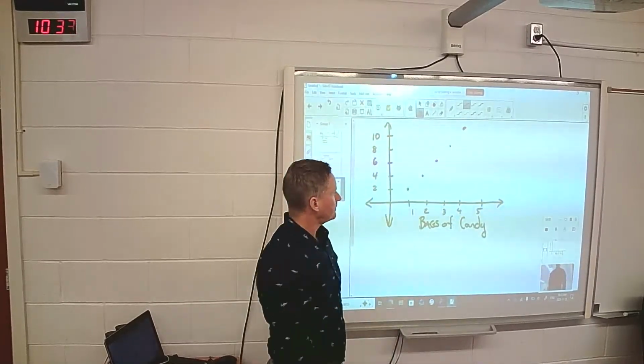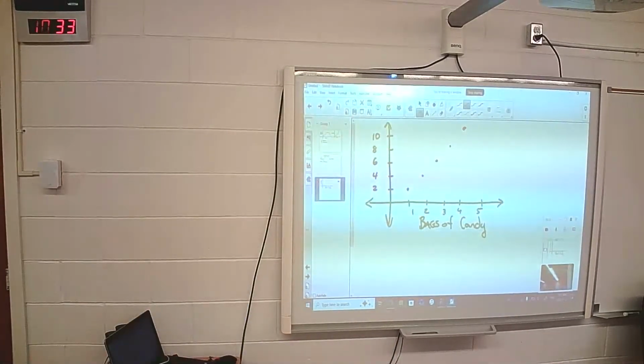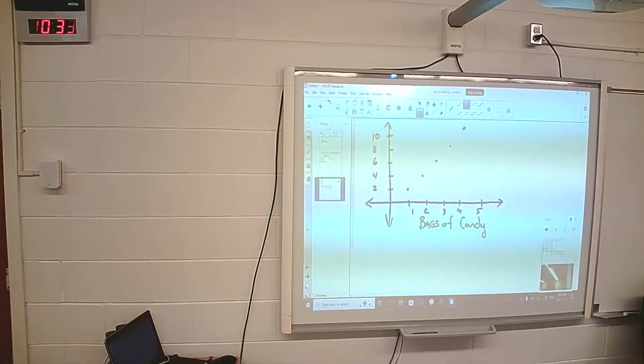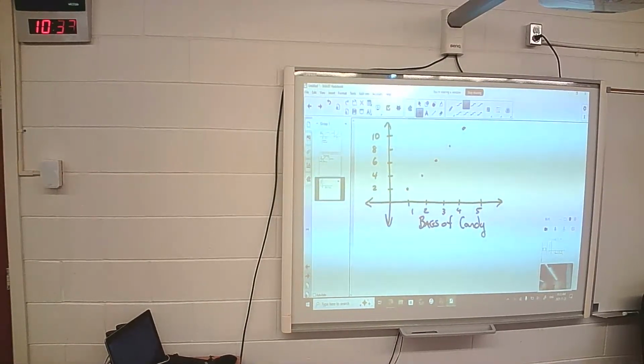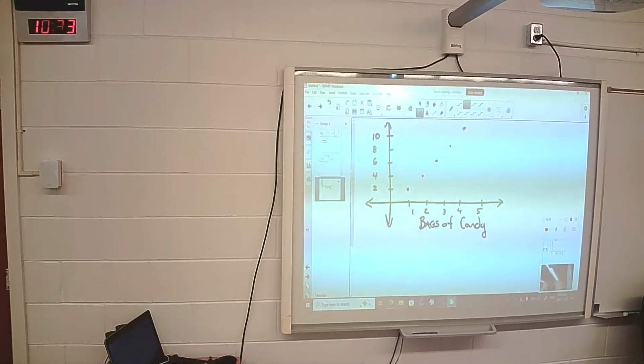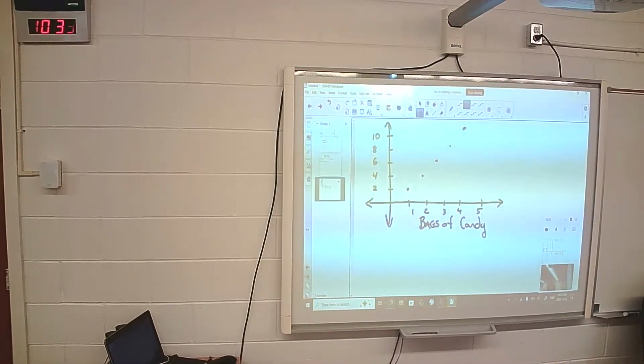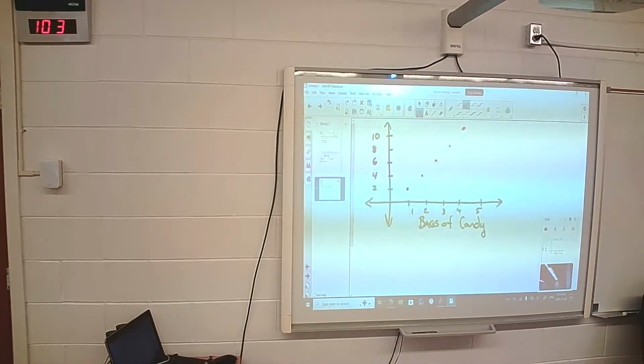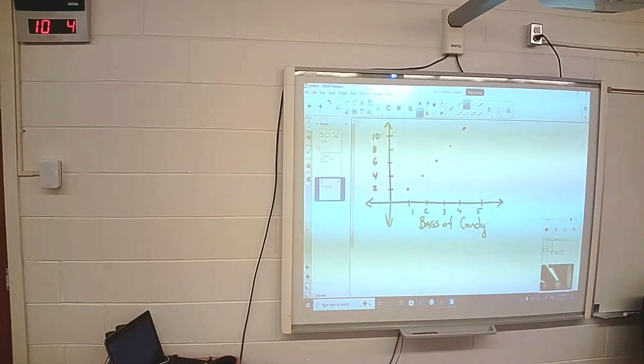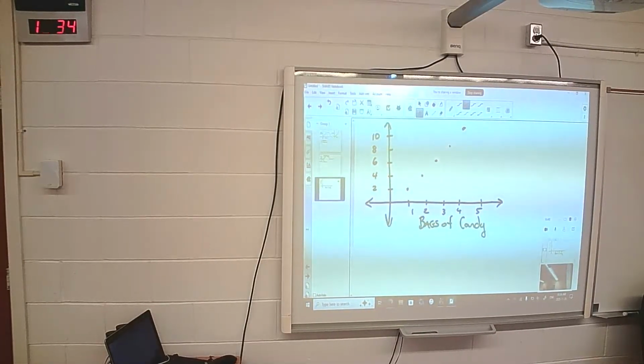All right. Now, the reason I haven't connected them is because I can't buy a part of a bag of candy. So anytime I buy something that's whole, I can't buy a part of it. Like let's say I buy a hamburger or a hot dog. All right. I can't buy a part of it. So I don't connect between the whole numbers so that there's decimals. You follow what I'm saying here? Okay.